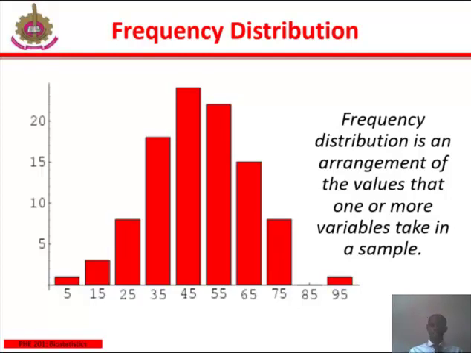Categorical frequency distribution is used for data that can be placed in specific categories, such as nominal or ordinal level data. Grouped frequency distribution is used with quantitative data. Groups include more than one unit of measurement.